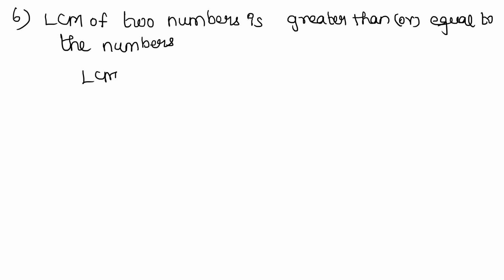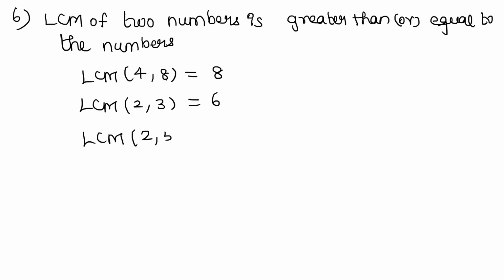If you want to find the LCM of 4 and 8, your LCM will be 8. It is equal to the number itself. Now when you find the LCM of 2 and 3, it gives me 6, which is greater than both the numbers. If I take another example of three numbers, 2, 5, 6, which gives me 30, it is definitely greater. So the LCM of numbers is greater than or equal to the numbers.